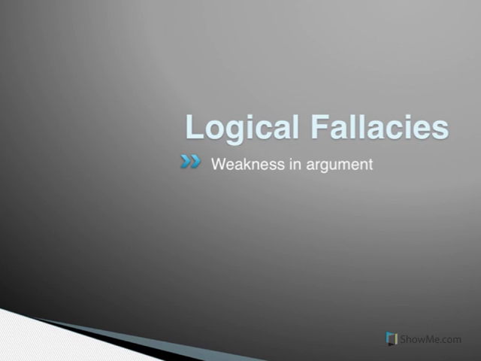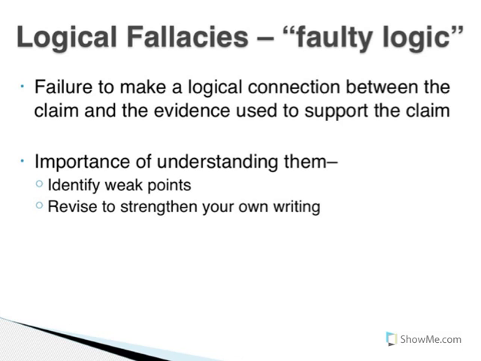Now, connected to having evidence that's relevant, accurate, and sufficient, you are also going to sometimes come across areas where there's weakness in an argument. And we're going to talk briefly about the three categories that those types of weaknesses can fall into.